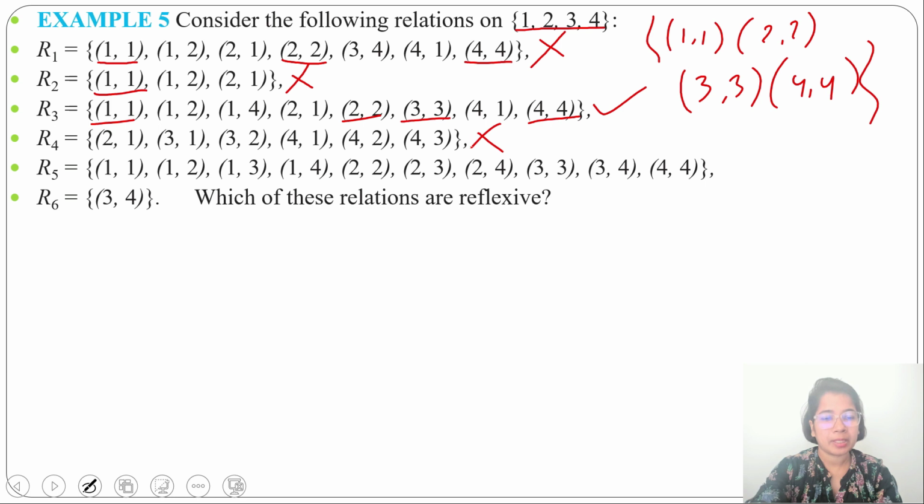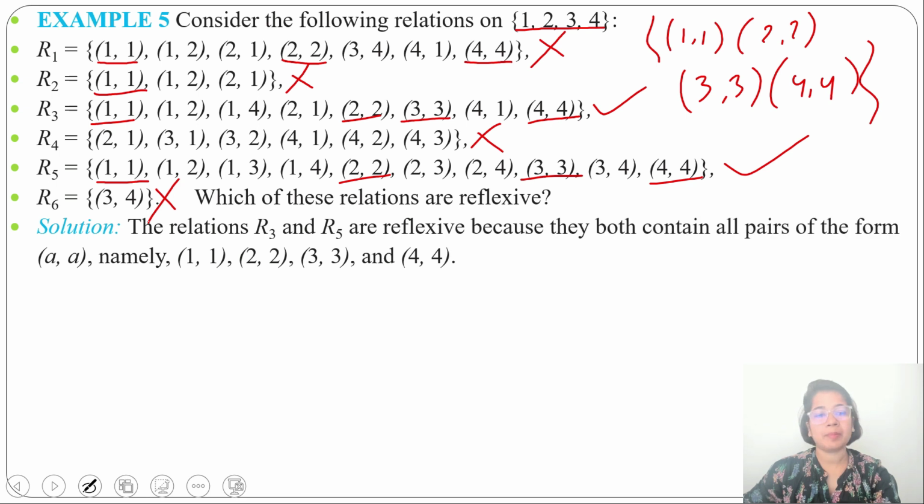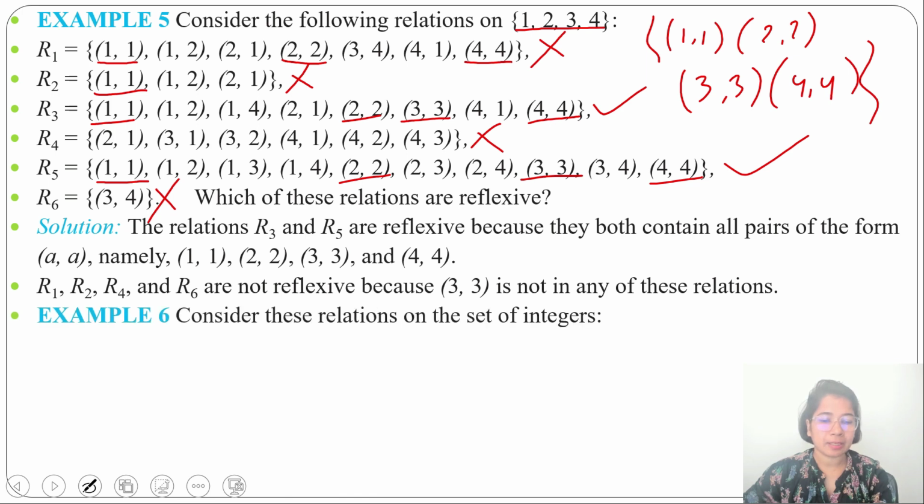Now R5 contains (1,1), then (2,2), (3,3), (4,4). It contains all the diagonal ordered pairs, hence it is reflexive. R6 has (3,4), which is not a diagonal pair, so not reflexive. We found R3 and R5 are reflexive, whereas R1, R2, R4 and R6 are not reflexive as they don't contain all the diagonal pairs.